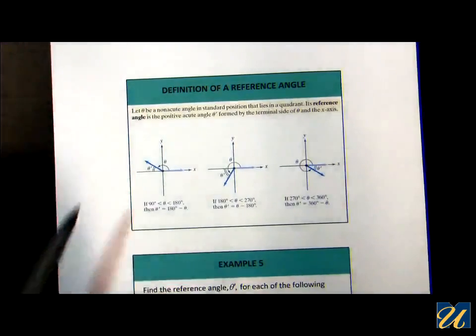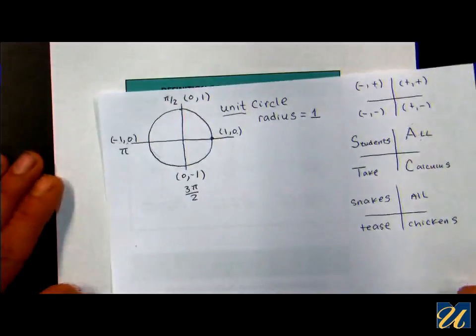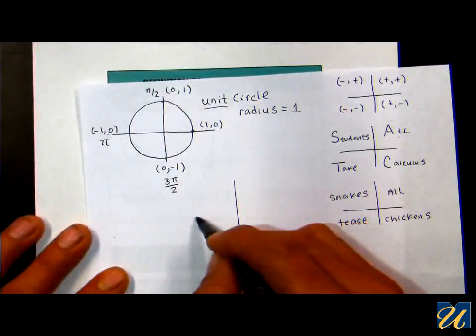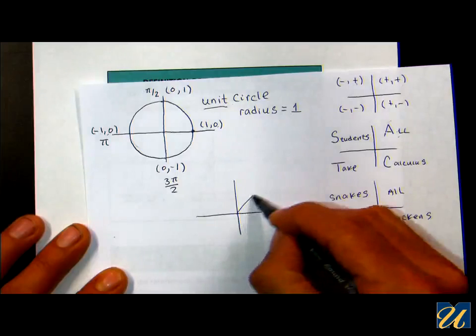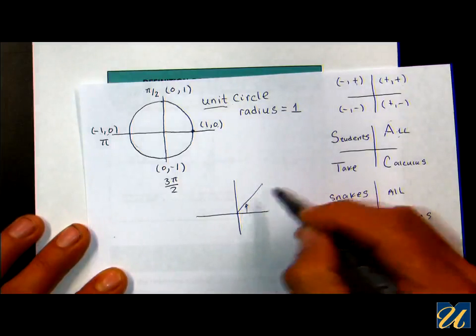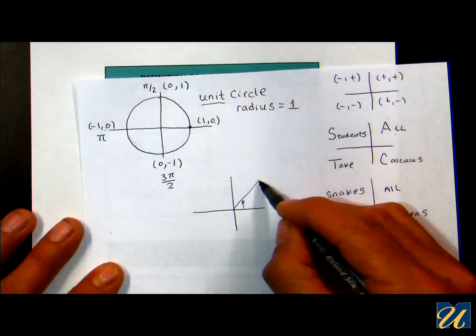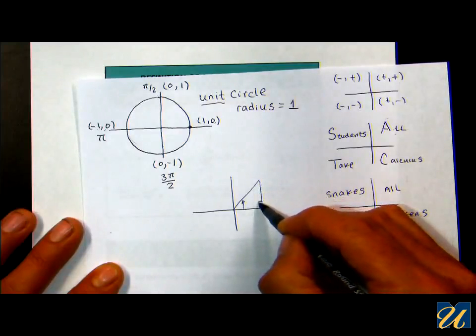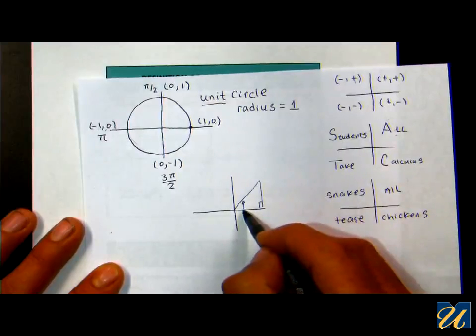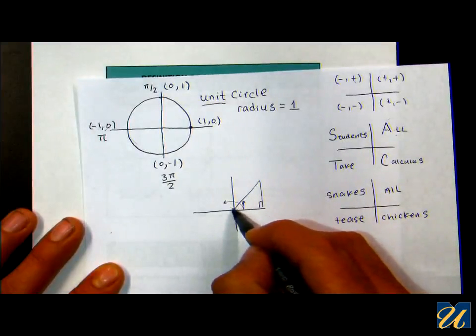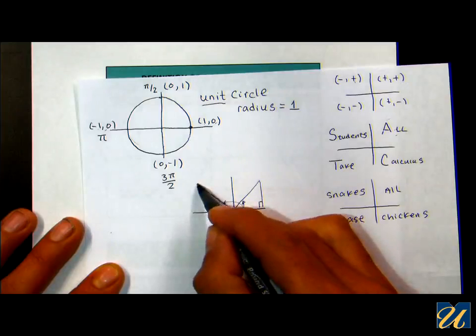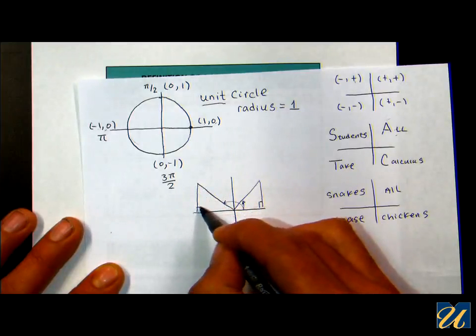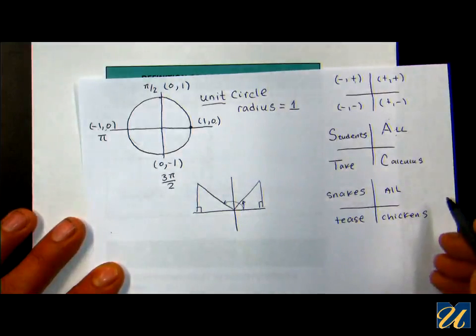Another way students remember this is the bow tie, that in quadrant 1, for an angle of rotation like that, the right triangle is drawn perpendicular to the x-axis. If you rotate all the way over to quadrant 2, like that, and again, perpendicular to the x-axis forms your right triangle.